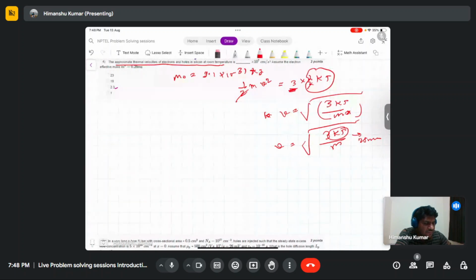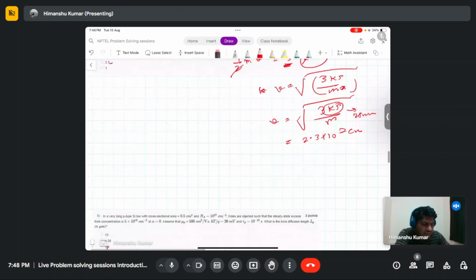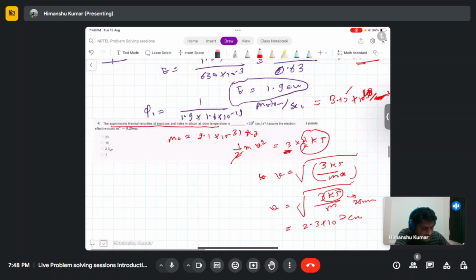The final velocity you will get is around 2.3 into 10 power 7 centimeter per second. So the correct answer will be 2.3 into 10 power 7 centimeter per second. This was a straight formula substitution kind of question.